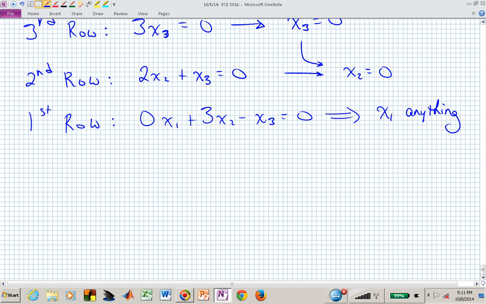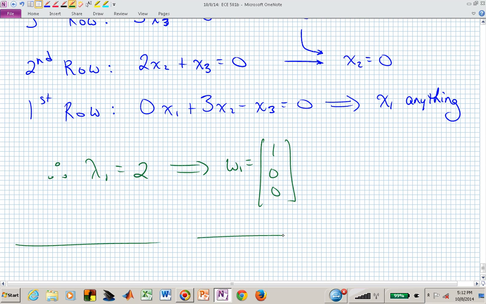Let's just let it be something that's fairly easy to keep track of. So now, for the eigenvalue 2, lambda sub 1 equal 2, we know that the associated eigenvector is in the direction of 1, 0, 0, letting x sub 1 be something nice, which 1 is nice. It could be anything as long as it's a non-zero x sub 1 coordinate, and x sub 2 and x sub 3 are forced to be 0.